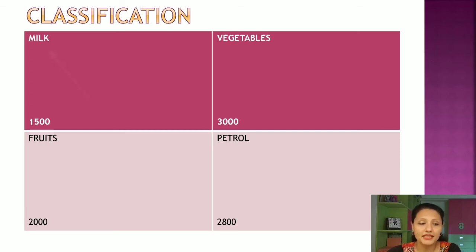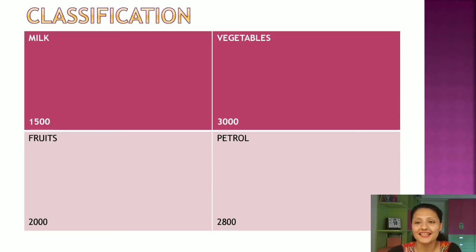Milk, I put the entire month's expense in one page, and the total comes to around 1,500. Vegetables, 3,000, petrol, 2,800, and likewise. So this will give me classified, specific information about that particular expense. This makes our lives easier.